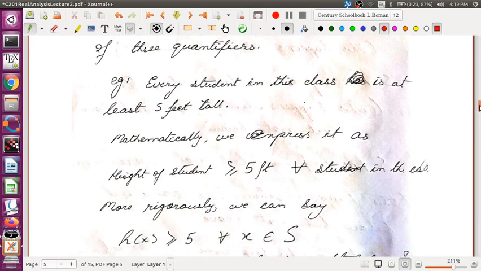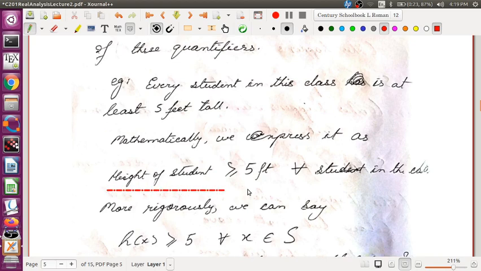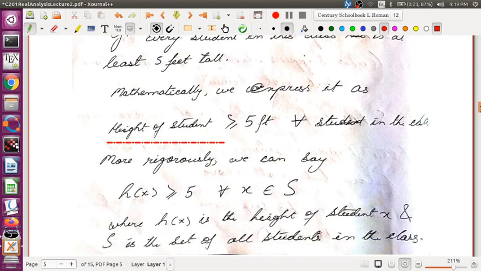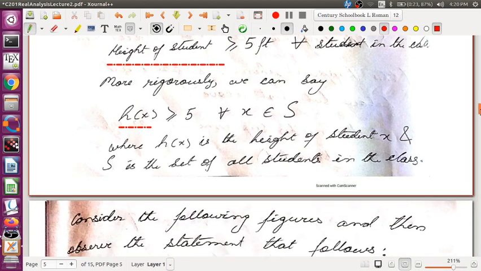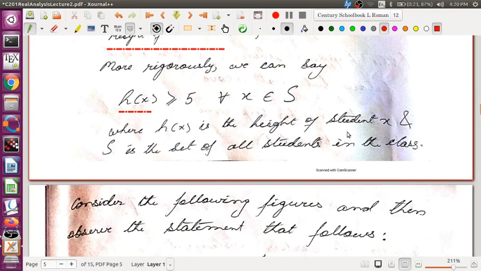For example, if I make the statement every student in this class is at least 5 feet tall, mathematically we express it as height of student greater than or equal to 5 feet for every student in the class, right? More rigorously, h of x greater than or equal to 5 for every x inside S, where h of x is the height of the student x, and S is the set of all students in the class.